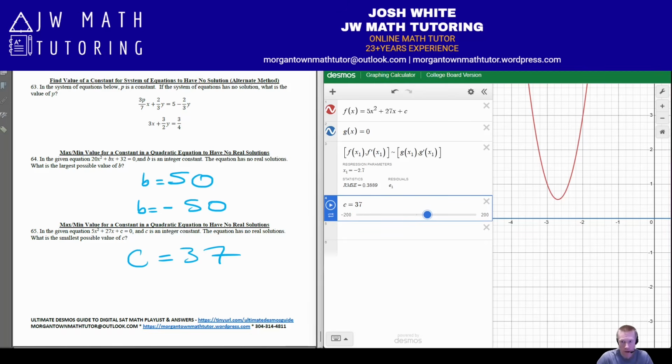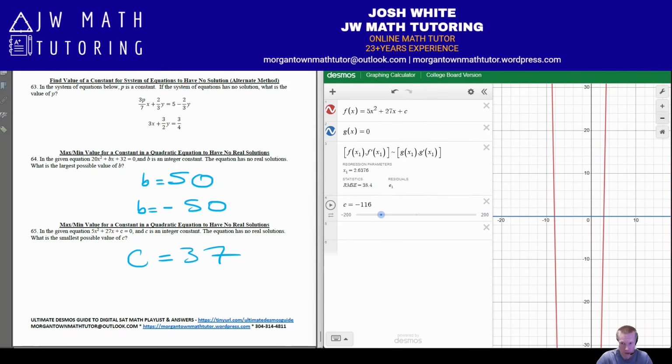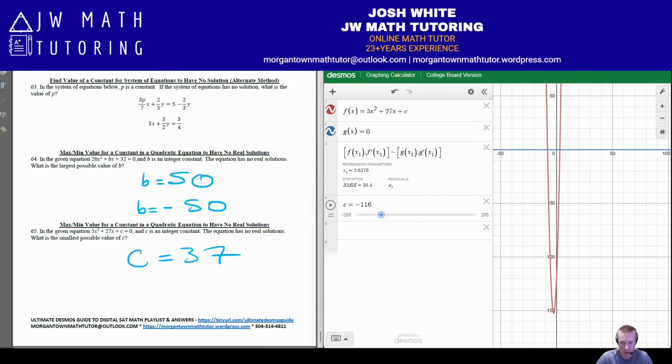As I make the c value smaller and smaller, and you'll have to zoom out to see this, all it's doing is shifting the parabola, the quadratic function, straight down. So there's not going to be a range like there is in number 64, where you're solving for b.